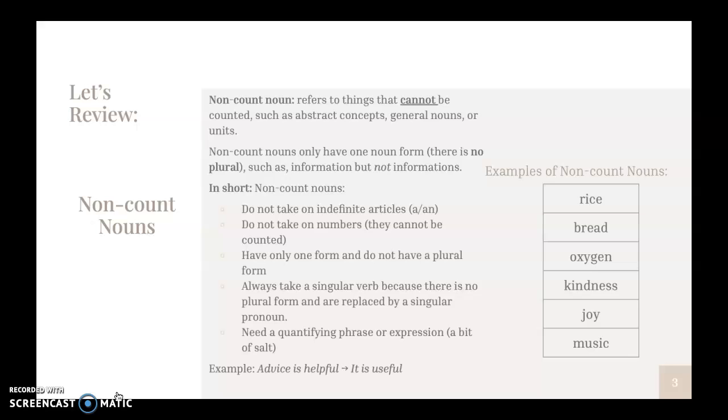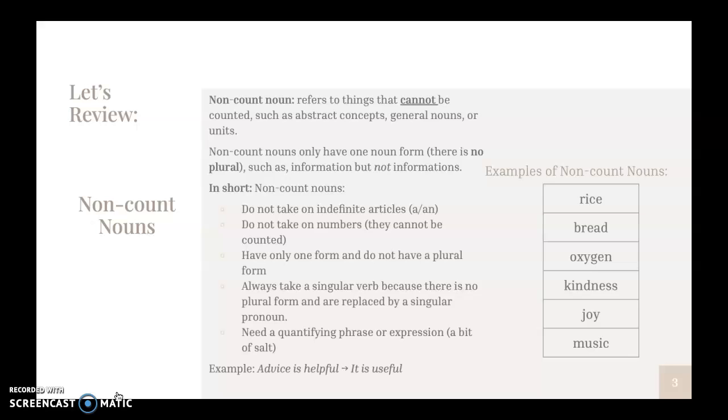In short, non-count nouns do not take on the indefinite article A or AN. They do not take on numbers, as they cannot be counted. They have only one form and do not have a plural form. They always take a singular verb because there is no plural form, and they are replaced by a singular pronoun.